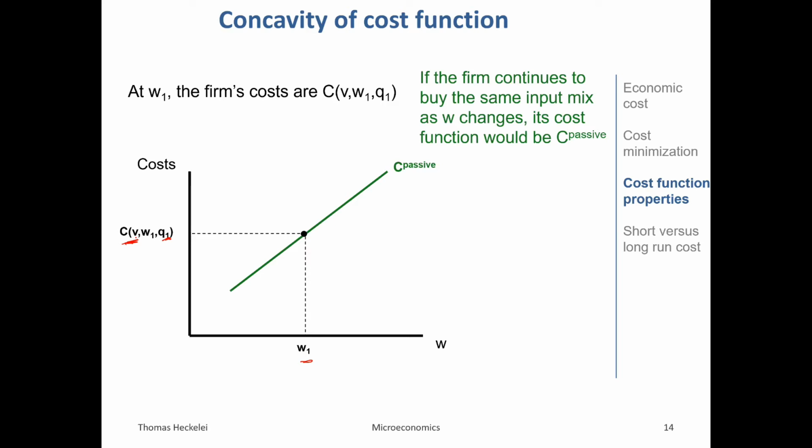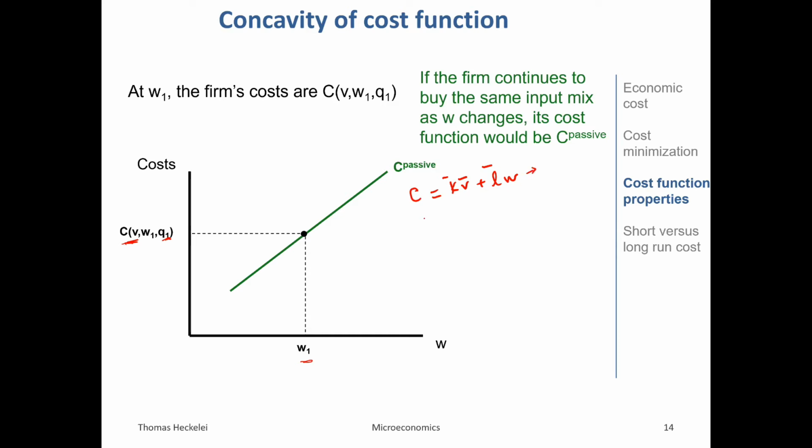As I said, we're not allowed to adjust the input mix. Let's go back to the definition of cost. In our case, KV plus LW, right? We're not allowed to change K and L. V also remains constant. Only W changes.